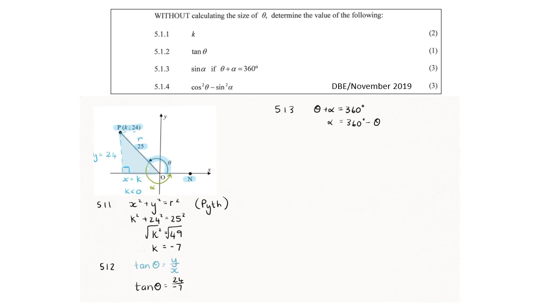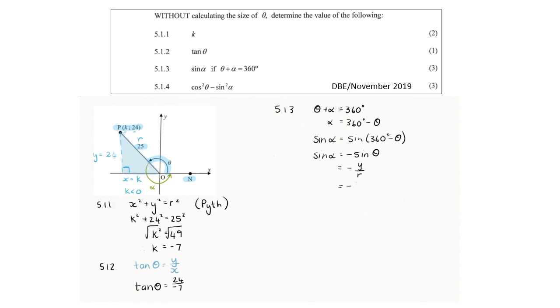Sine of alpha will then equal sine of 360 degrees minus theta. This is in the fourth quadrant, and in the fourth quadrant, sine is negative. So we can say that sine of alpha is equal to negative sine of theta. Now we go to the triangle again. Sine of theta is y over r, that's the opposite side divided by the hypotenuse.